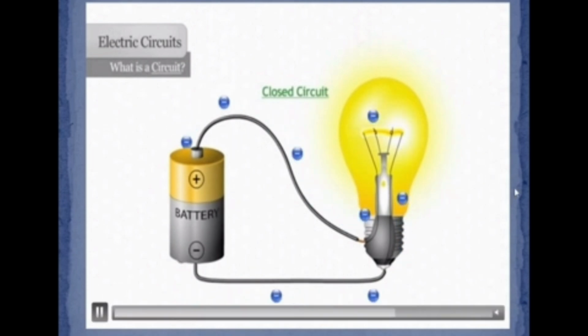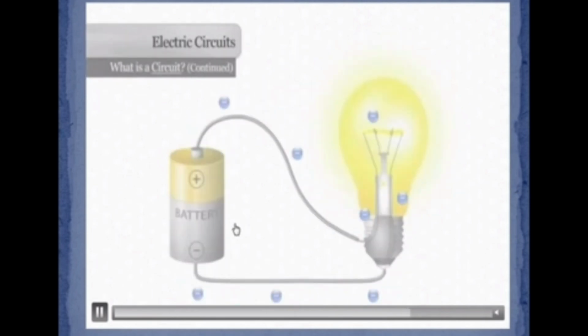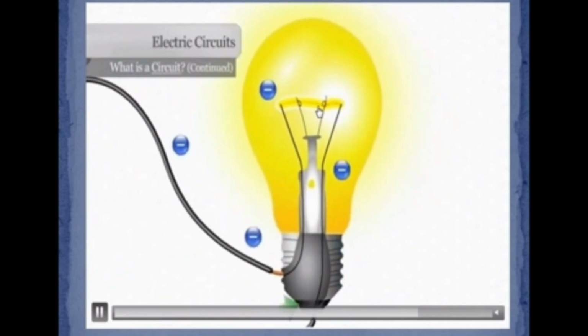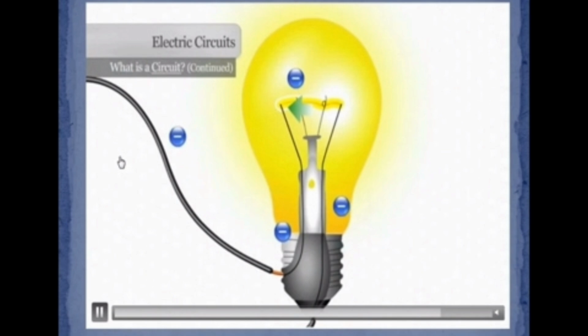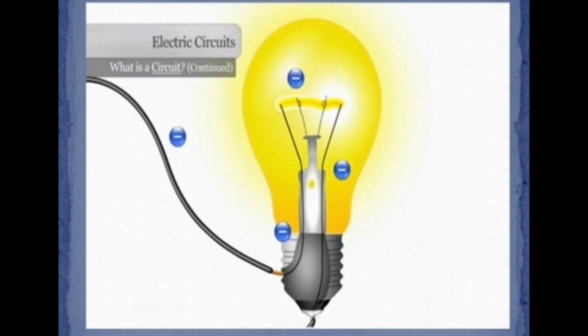The current flows from the negative terminal to the filament, then flows to the other side. The filament is also connected in the circuit, so it flows from here to here, from one end of the battery to the other end of the battery. This is called conventional current. So the direction of current is always opposite to the flow of electrons.